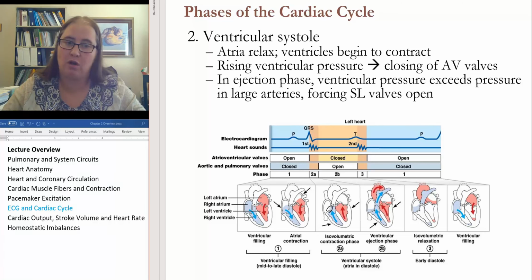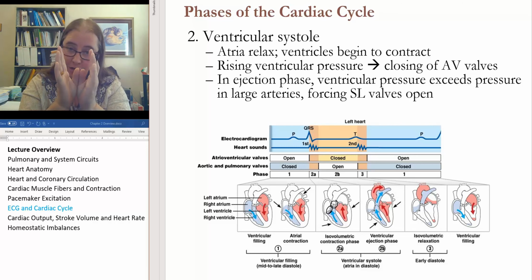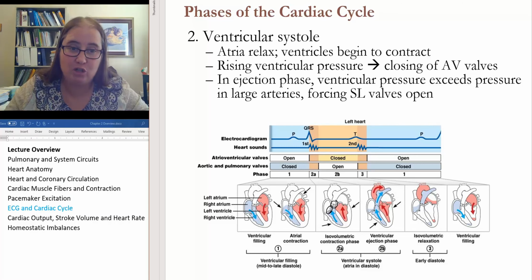However, in this ventricular systole phase, as that heart continues to contract, eventually the pressure inside of this ventricle will overcome the pressure inside of the vessels and blood will eject out, called the ventricular ejection phase.